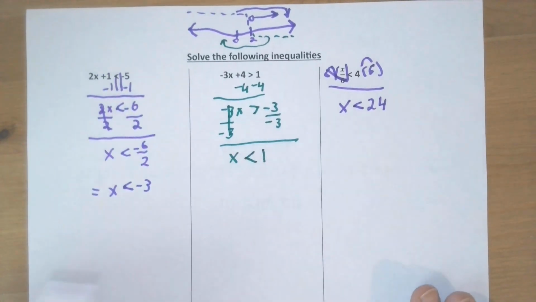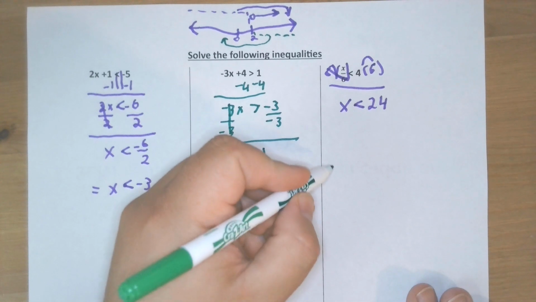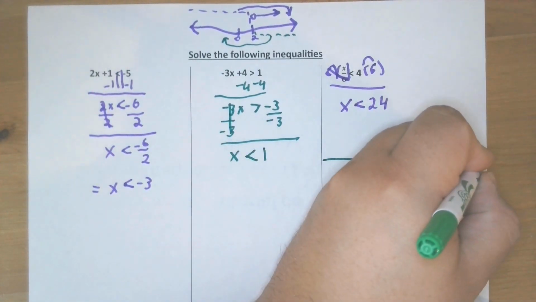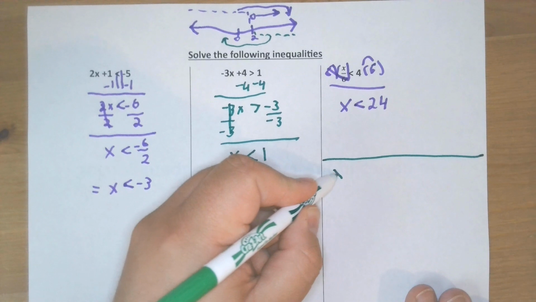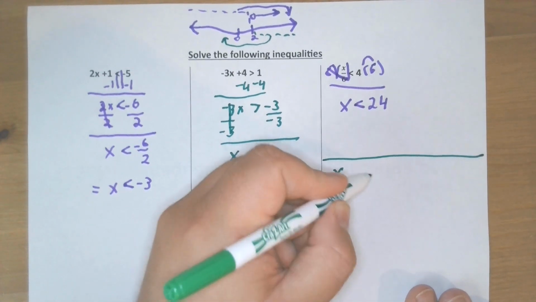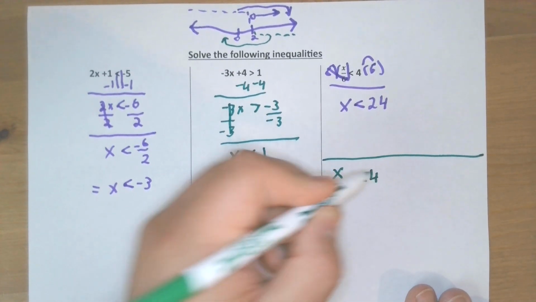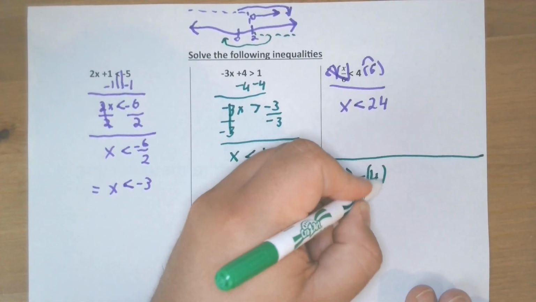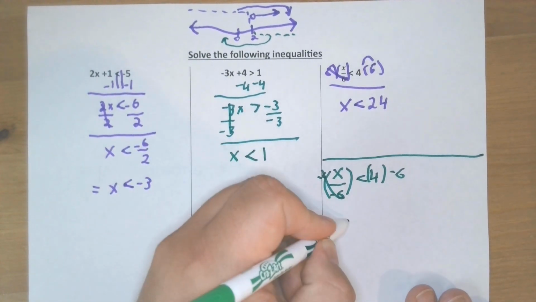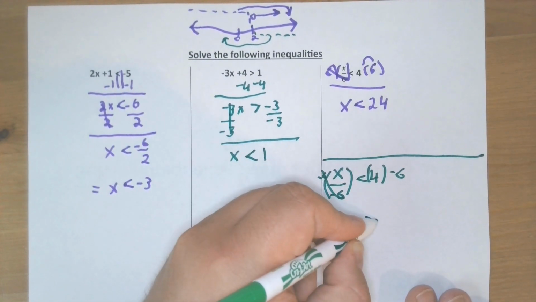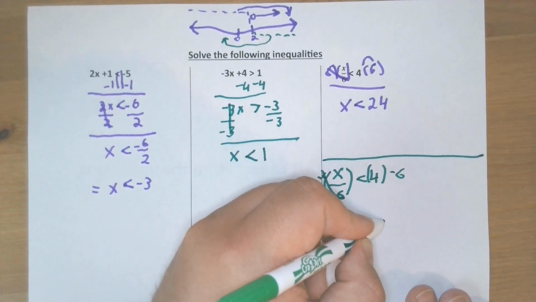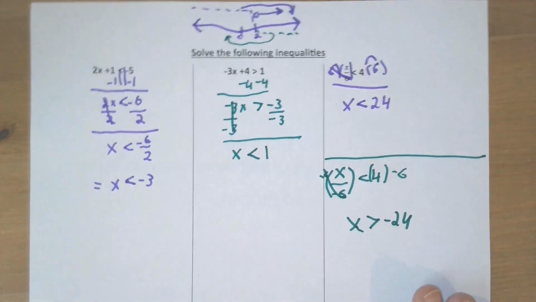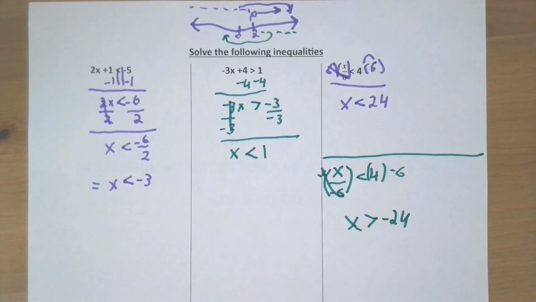Now, if I had this, x over -6 is less than 4, when I multiply by the -6, that would still cancel, but now I would have to flip this symbol in the middle, and that's -24 over there. So that was a quick example of how to do inequalities with multiplication and division.